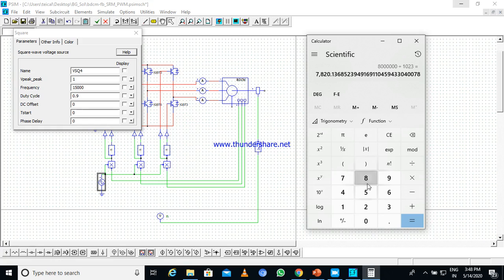And if you take the resolution of 8-bit, you will get 31.2.